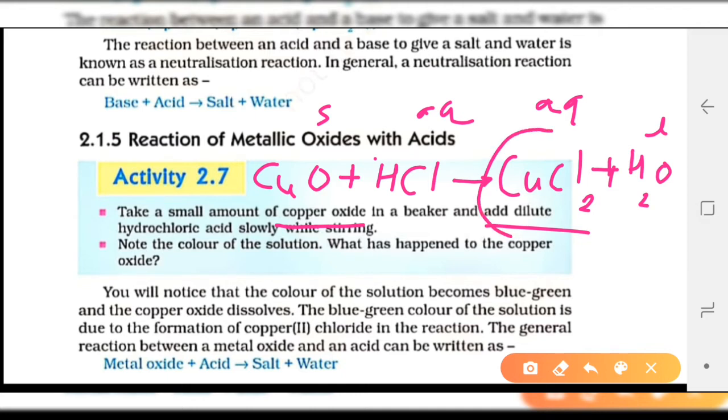Copper chloride is brown in color, but when it absorbs water, it turns the solution green.